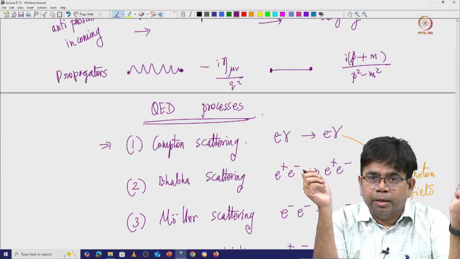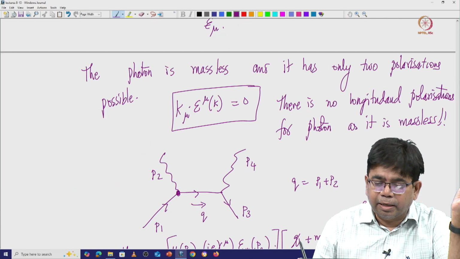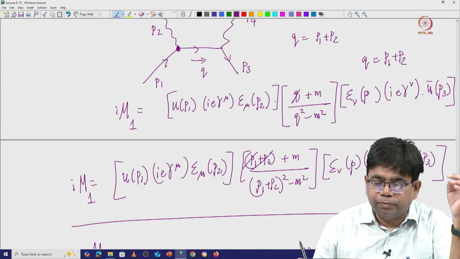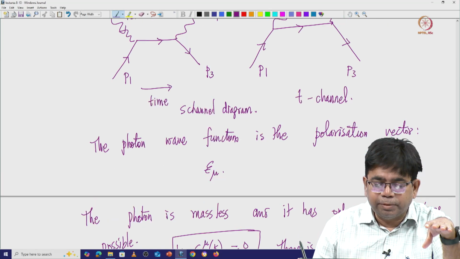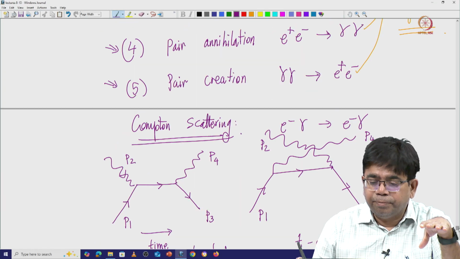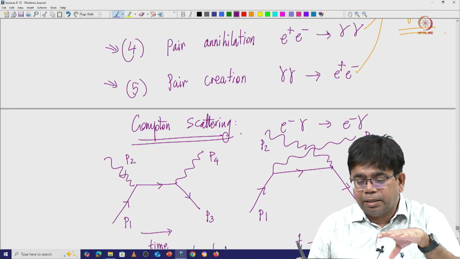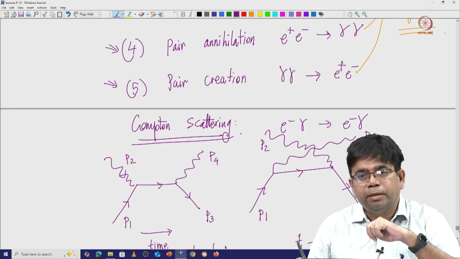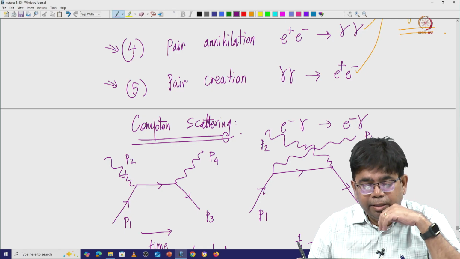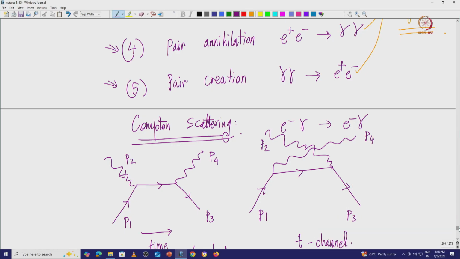And so what I did in the previous lecture, I assumed that the photon is quantized and treated as a particle with a particular momentum k and a polarization vector epsilon, and then I showed these two diagrams contribute to the process.